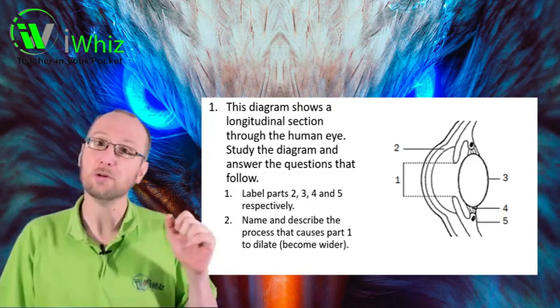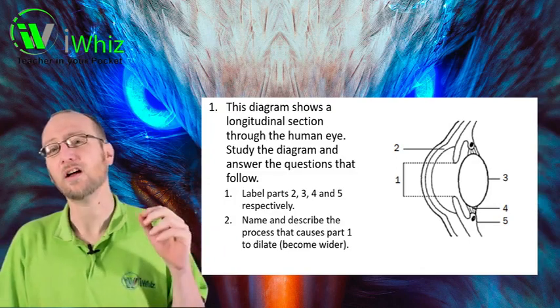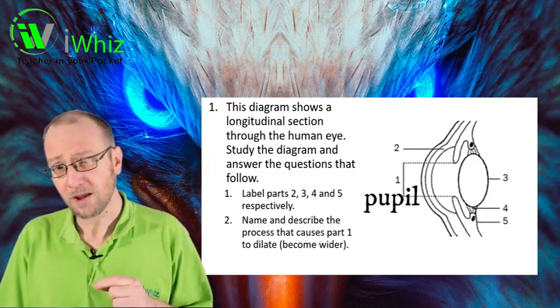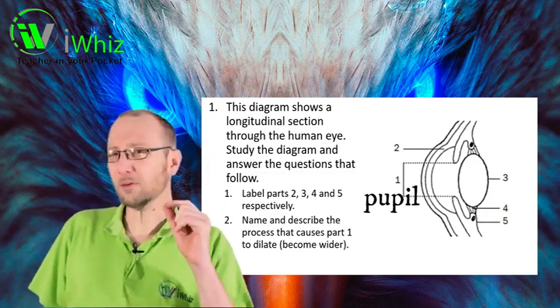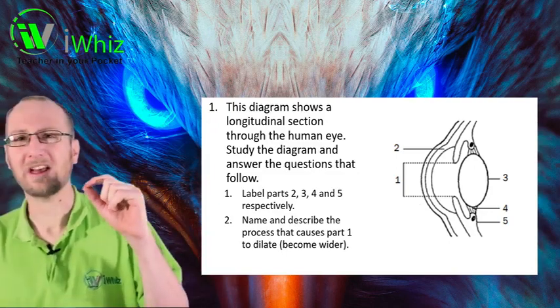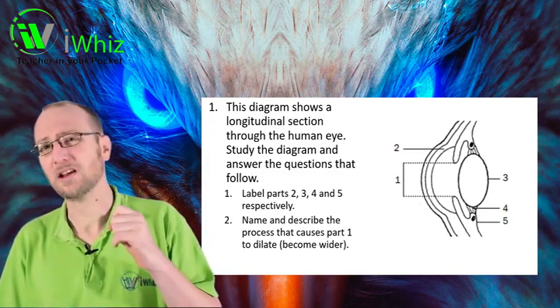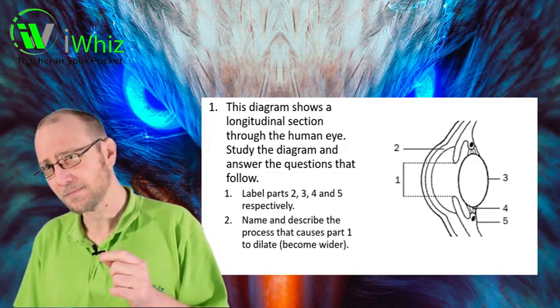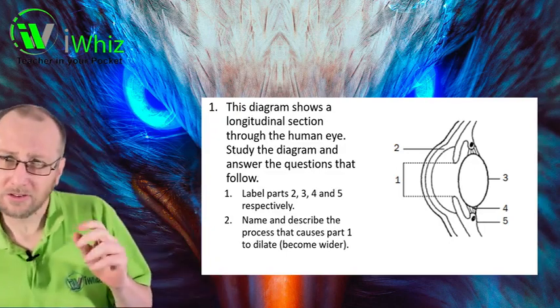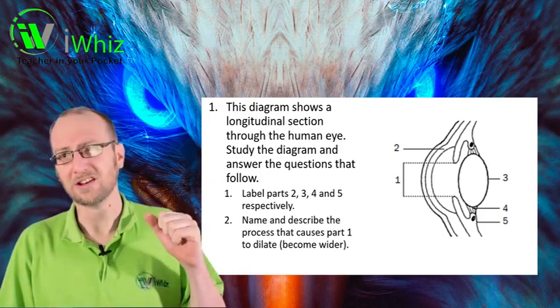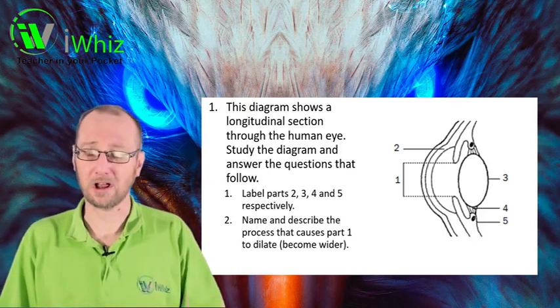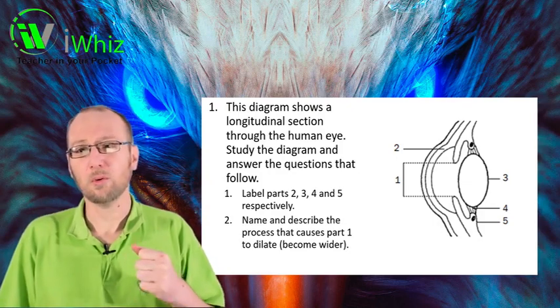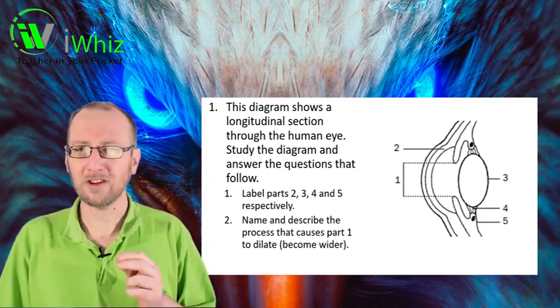Hopefully you guys will remember that part 1 is the pupil. Okay, so what is the process that causes that pupil to get wider? Okay, and then after that, we need to discuss this process.